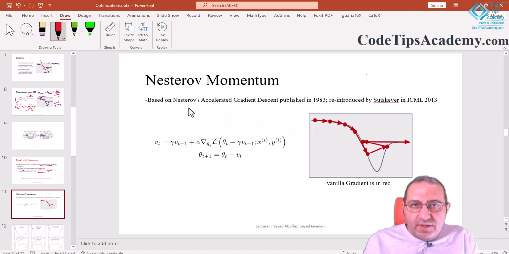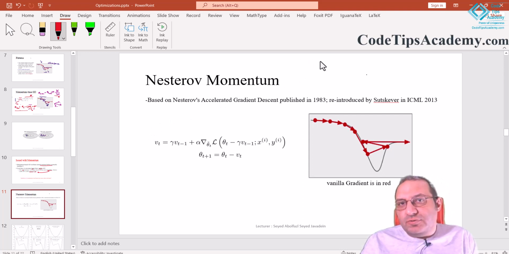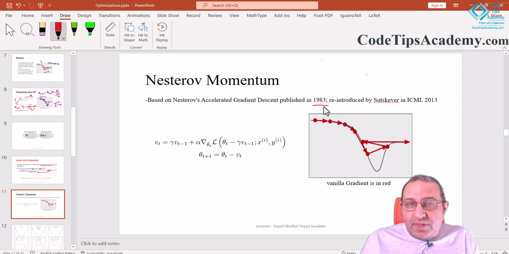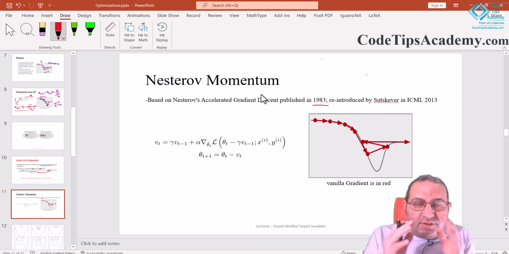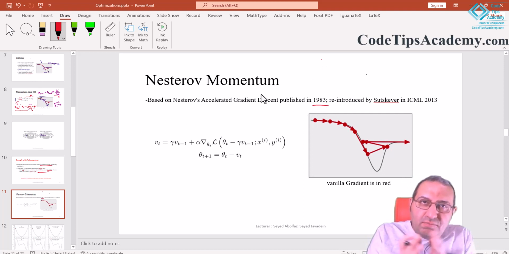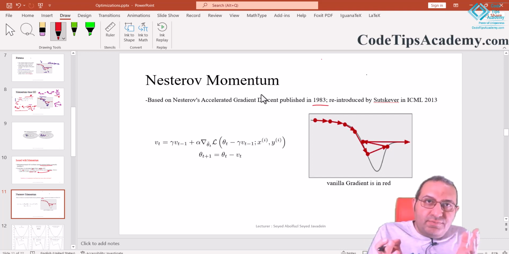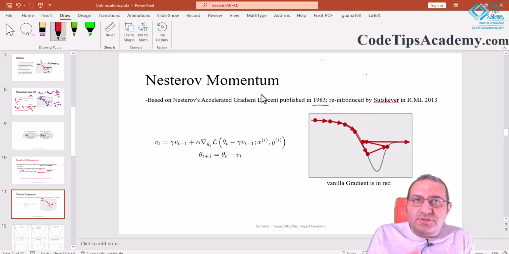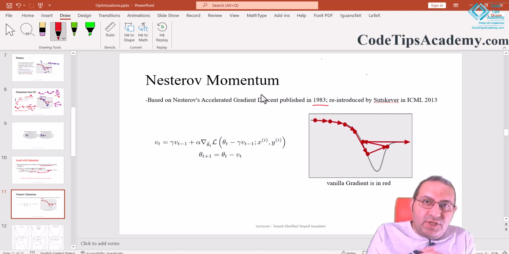You can see here this is the Nesterov momentum gradient. This Nesterov momentum gradient was first introduced by Nesterov in 1983, but usually scientists didn't use that.